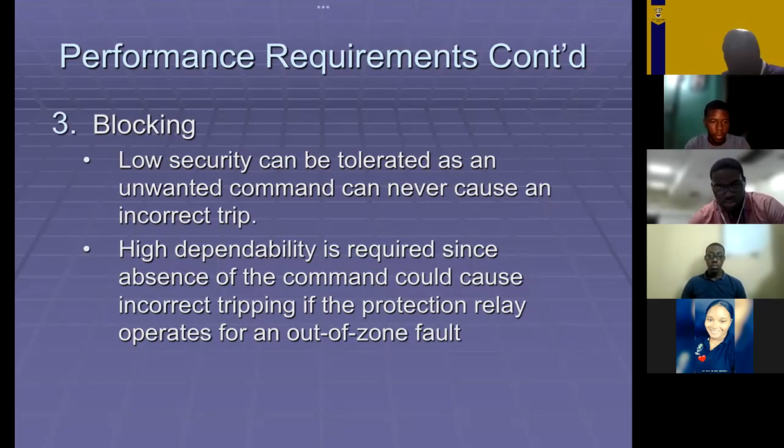So to try and summarize, we have given you the impact of security and dependability, depending on the system we're using.